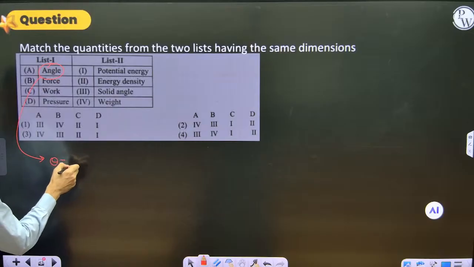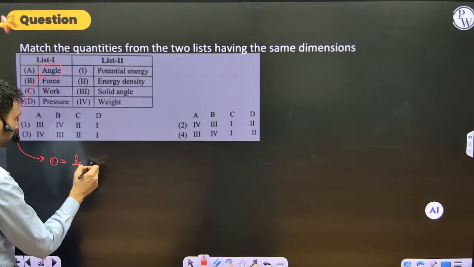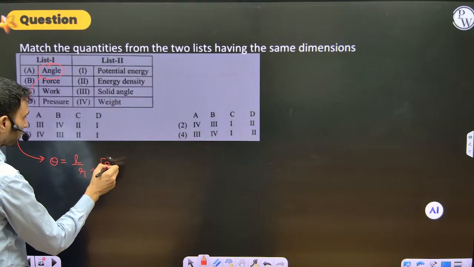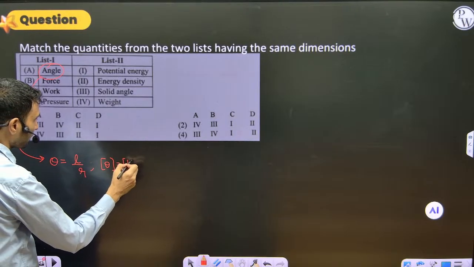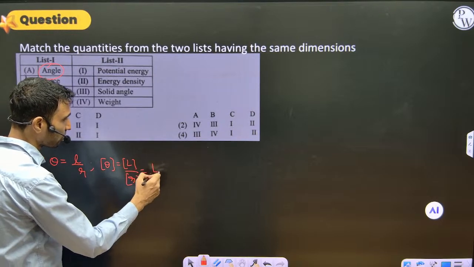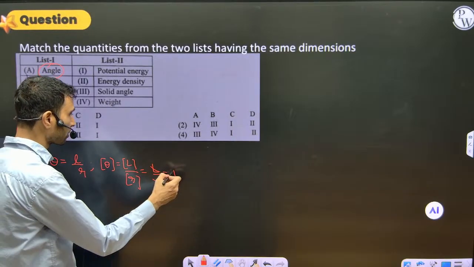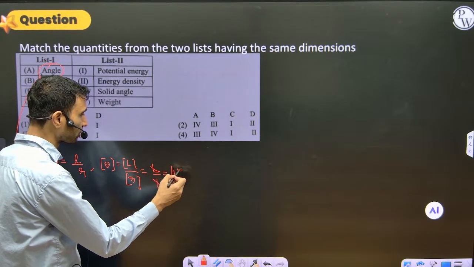You know, theta is equal to L by R. So dimension of theta will be dimension of L divided by dimension of R. L means length, so it is length upon length, which gets cancelled and you get 1. It is like saying L to the power 0.